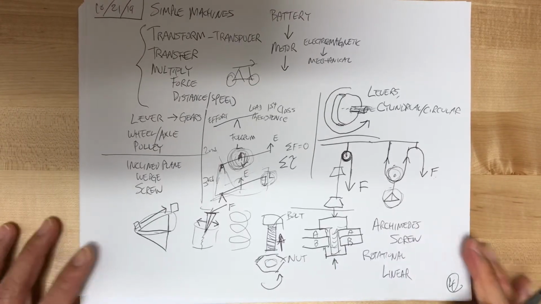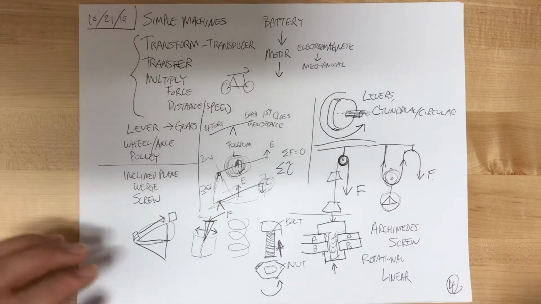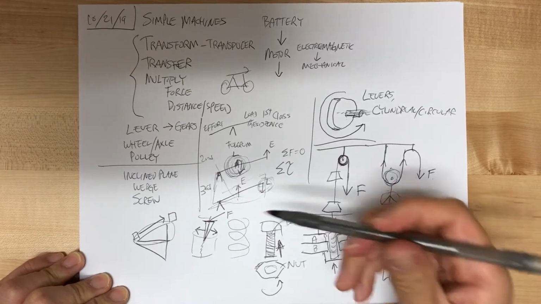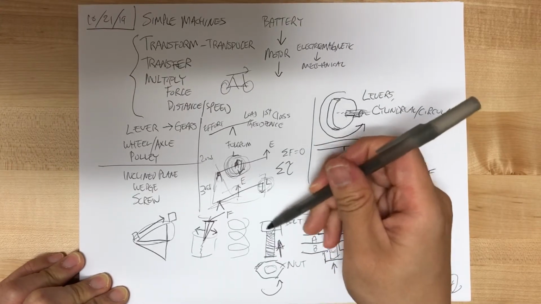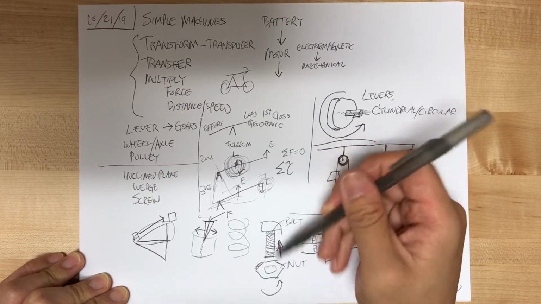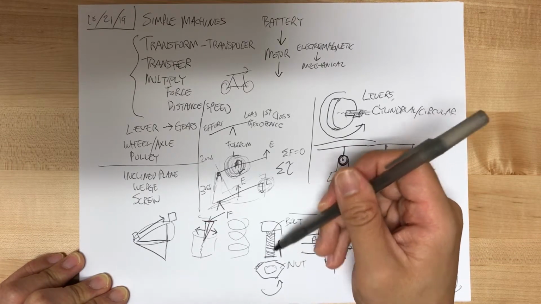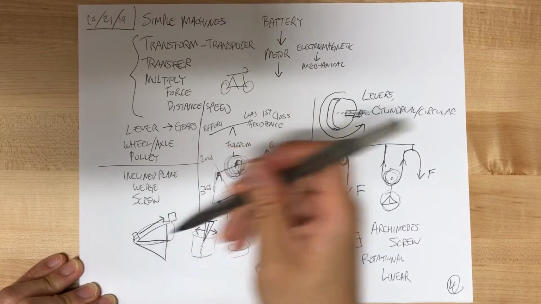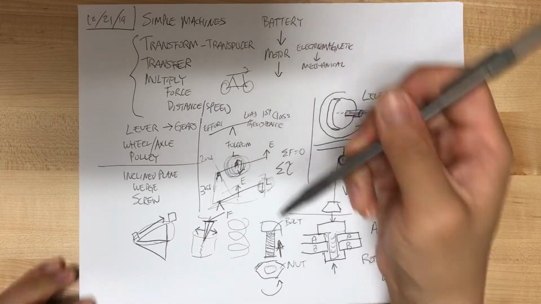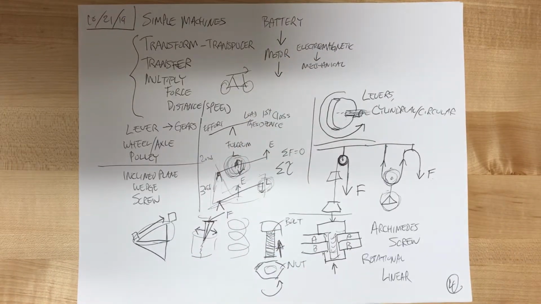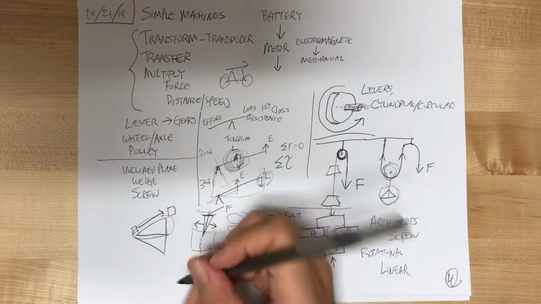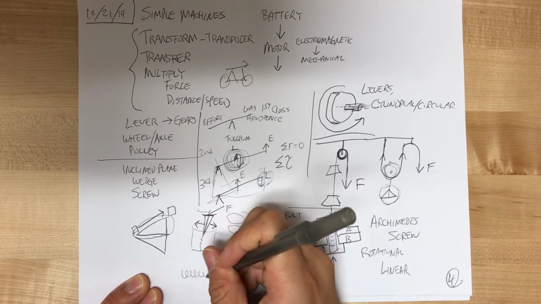And the useful thing for a screw is that you can't back drive it, meaning when you rotate the screw, it advances the piece back and forth, but you can't apply a force here to cause it to rotate. And that's because you have this winding piece of inclined plane that's going like that. And that's actually why you have things like worm gears.